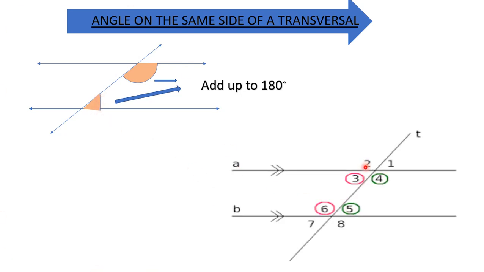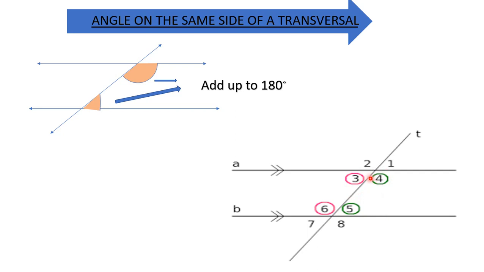So now we can find out very easily that in this figure, A and B are the two lines and T is a transversal. Angle number 4 and angle number 5 are the angles on the same side of a transversal, and angle number 3 and 6 are also angles on the same side of a transversal, as 3 and 6 both lie on the left hand side of the transversal and 4 and 5 lie on the right hand side of the transversal, and all these four angles are inside of these two lines.